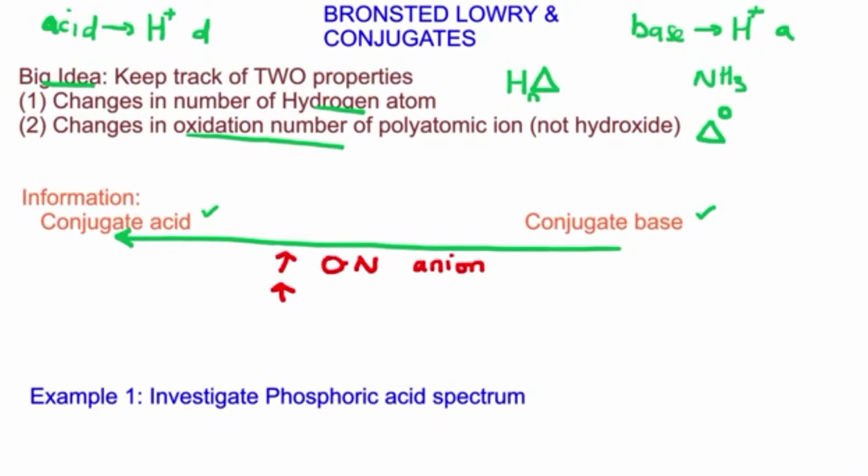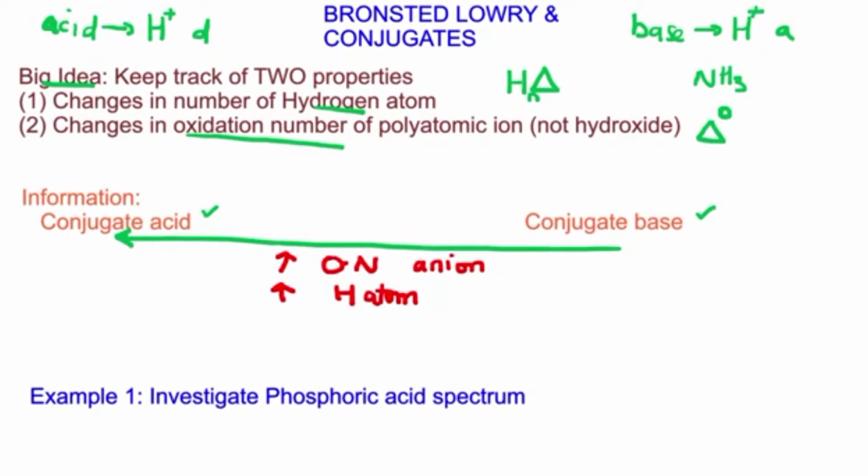If there is an increase in the number of hydrogen atoms present in that product, then it tells us that yes, it is a conjugate acid. If there is a decrease, then we are creating a conjugate base.